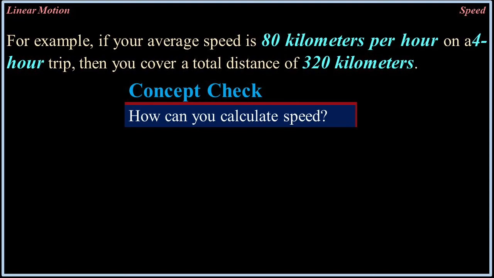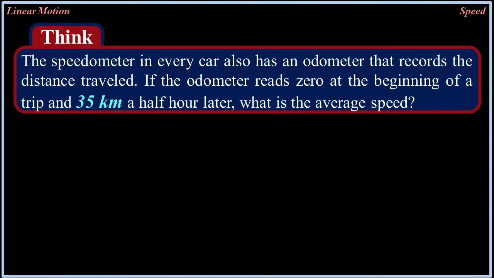How can you calculate speed? The speedometer in every car also has an odometer that records the distance traveled. If the odometer reads 0 at the beginning of a trip and 35 kilometers a half hour later, what is the average speed?